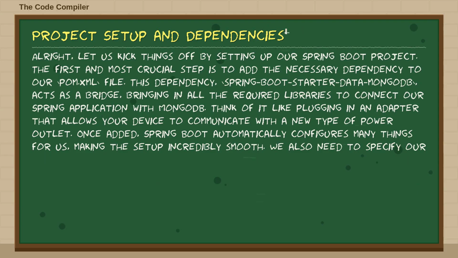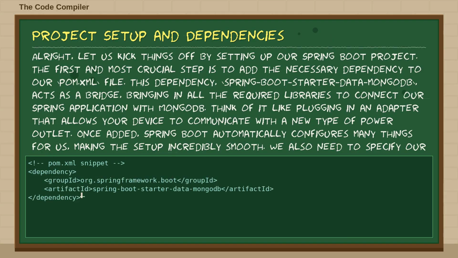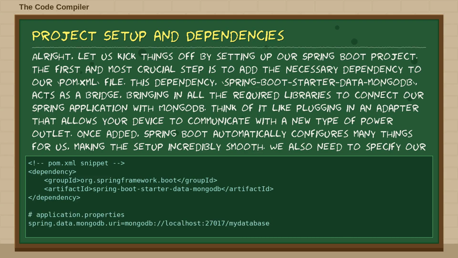With this dependency, Spring Data MongoDB provides an abstraction layer that makes interacting with the database straightforward, without needing to write complex database connection code ourselves. This is the foundation upon which we will build our application.